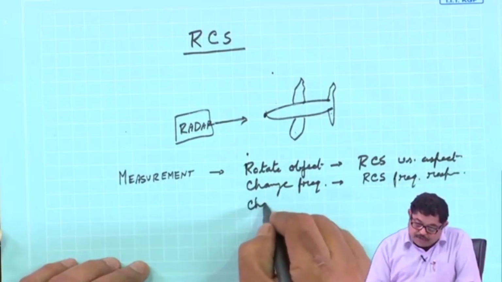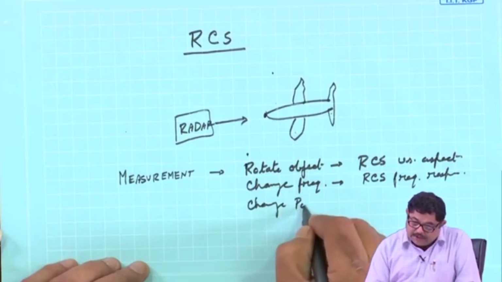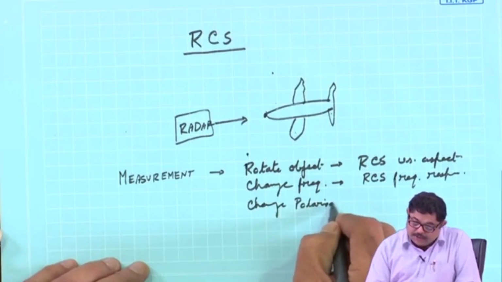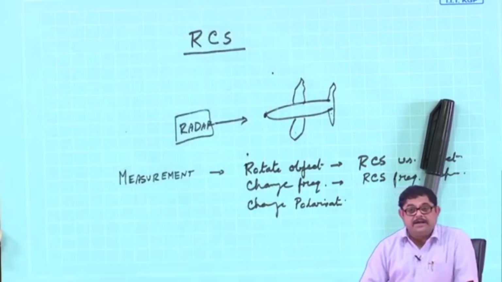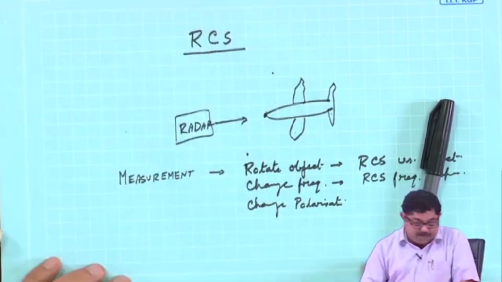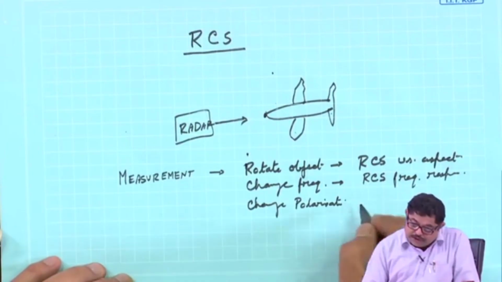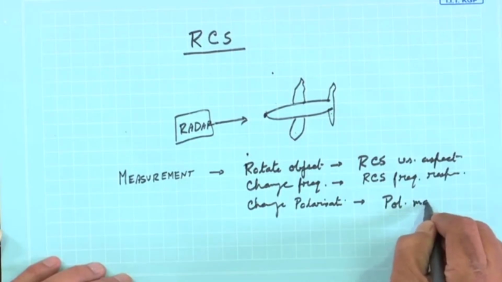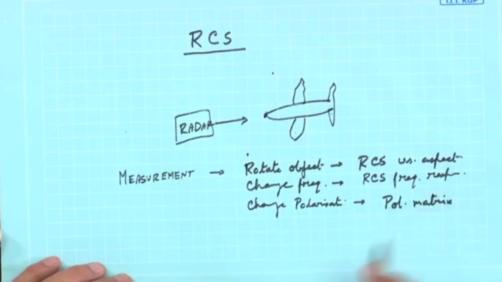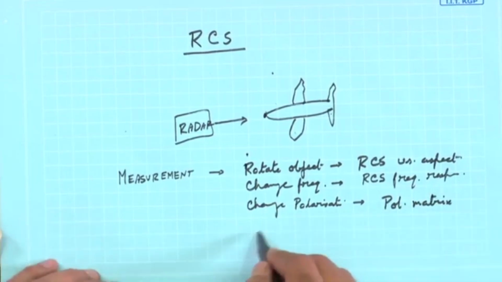Also, you should be able to change the polarization of the waves, that means the polarization of the transmitting antenna and the polarization of the receiving antenna. So, change polarization, and it turns out RCS should be given in terms of a polarization matrix.